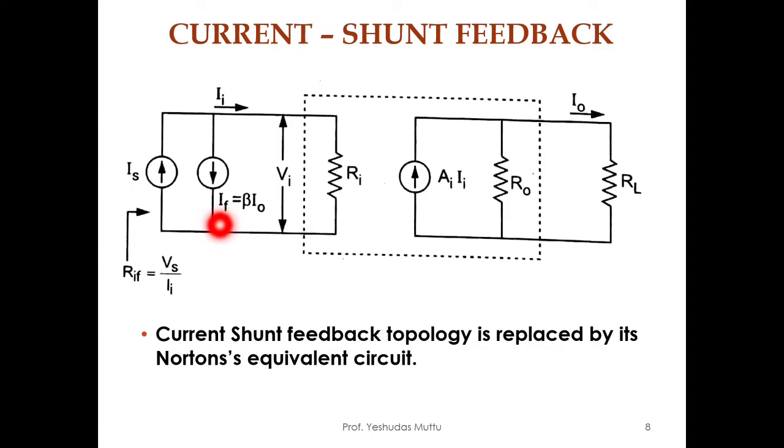Now IF is beta times I naught. Just have a look over here, it is beta times output, and how do we measure output over here? As current. That is the reason it's I naught over here, not V naught. Fine. Again I need to measure Rif, which is Vs by II. This was the formula.